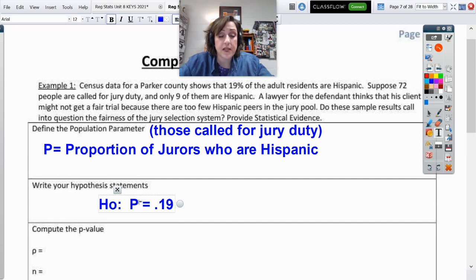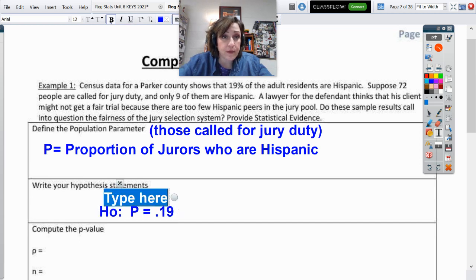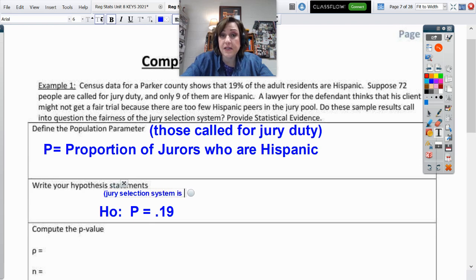All right. That kind of is saying the jury system is fair. In fact, we might want to make a little note. What is that really telling us? That's kind of saying the jury selection system is fair. It's providing a representative sample of the county.